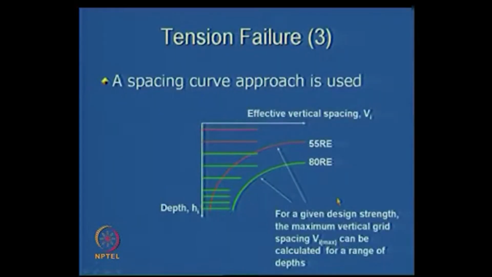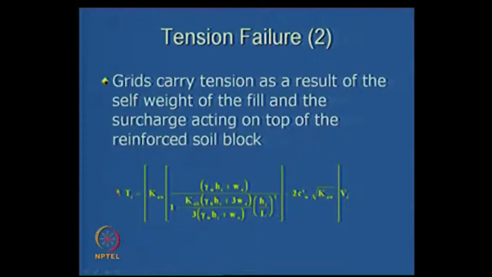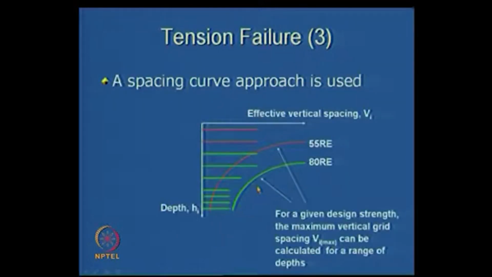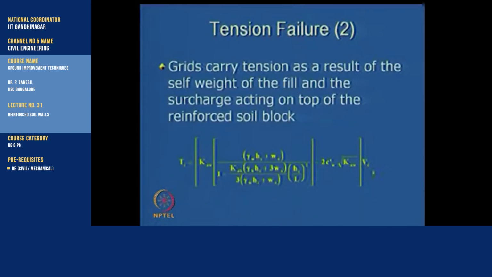So what we do is that we calculate for different reinforcement types, like I will just show you that. Yeah, this is an expression, and as you go down, the spacing has to be a little higher, and depending on the type of reinforcement you can develop this sort of curves, like as I said. So this is the Vi spacing.